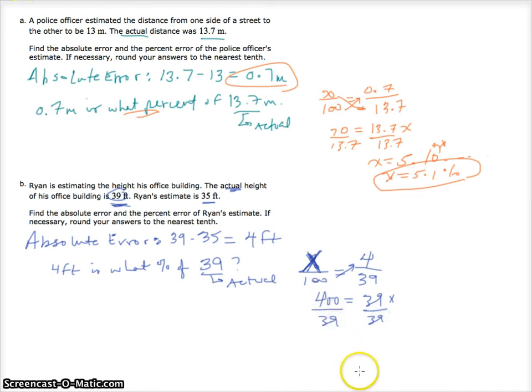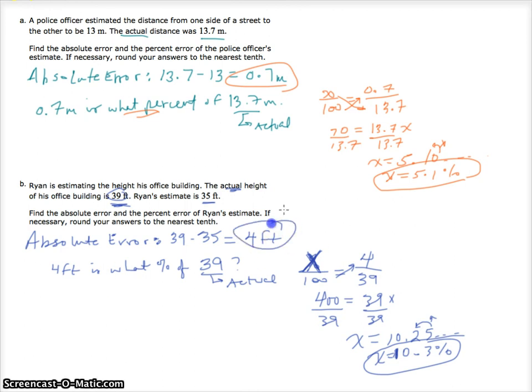Use my handy dandy calculator and get that 400 divided by 39 is 10.25, with some numbers after it. The 5 can round up the 2, so it's going to become 10.3%. So here's my percent error, and here's my absolute error.